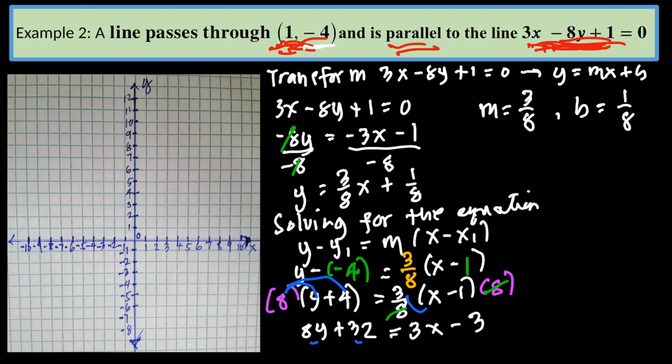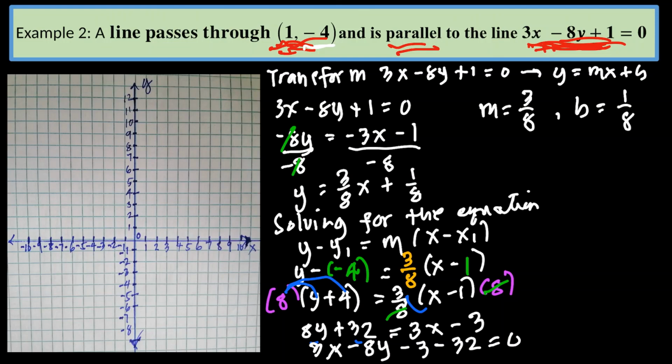Expressing this equation in the general equation of the line, we have 3x minus 8y minus 3 minus 32 equals 0.